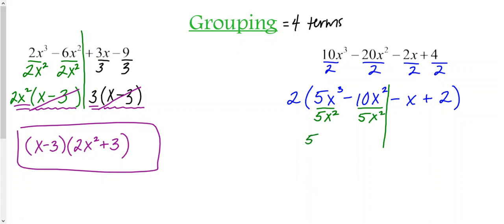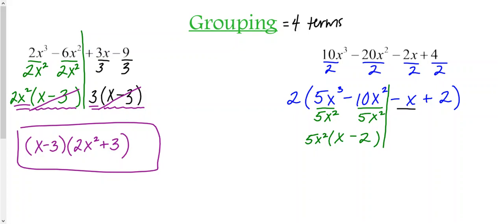So we have 5x squared, parentheses, 5 divided by 5 is 1. I had 3 x's, I took 2 out, so I'm left with an x. Minus 10 divided by 5 is 2. Had 2 x's, I took them to the outside.